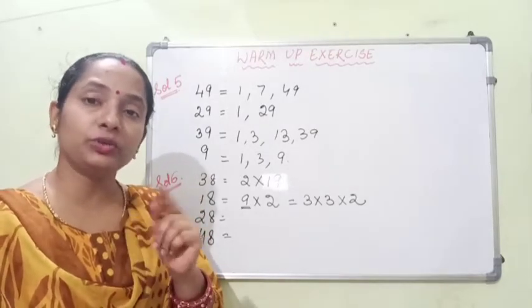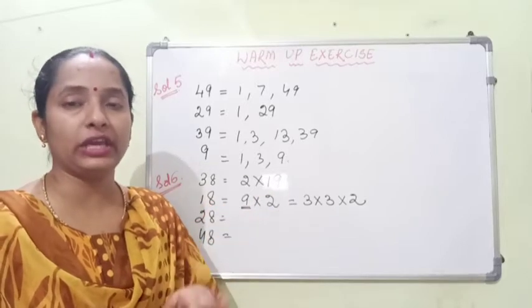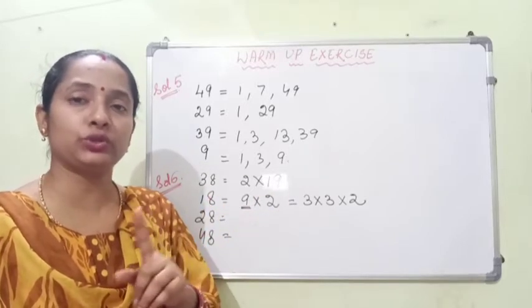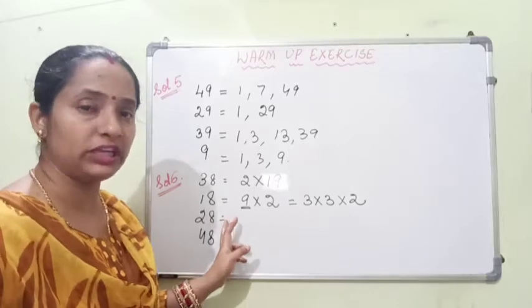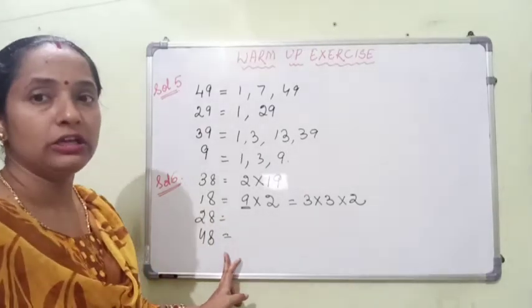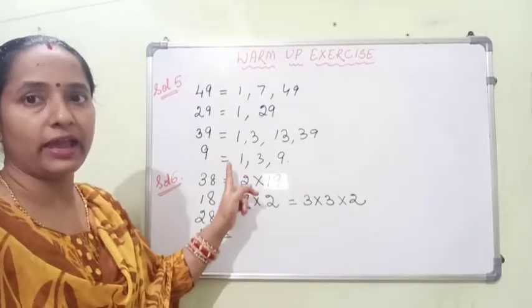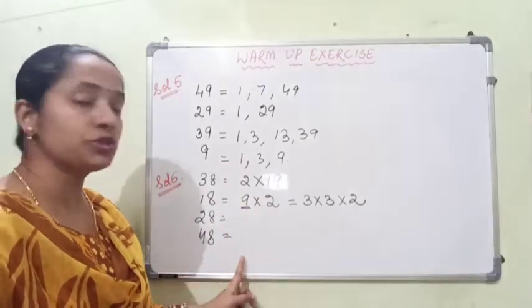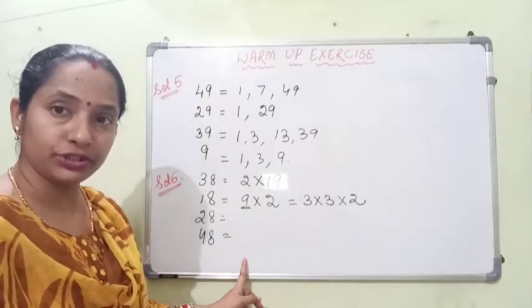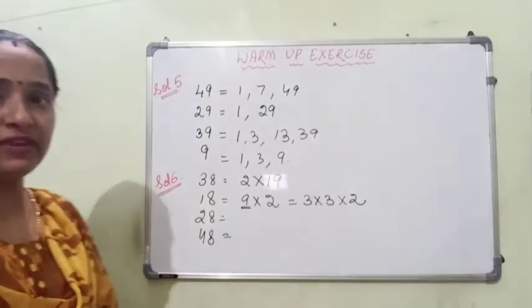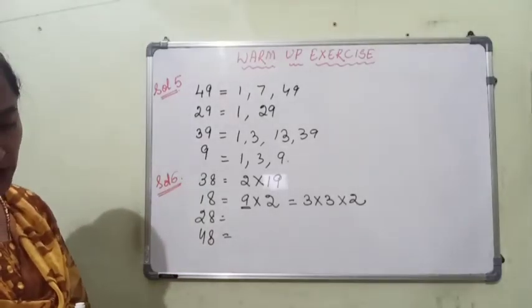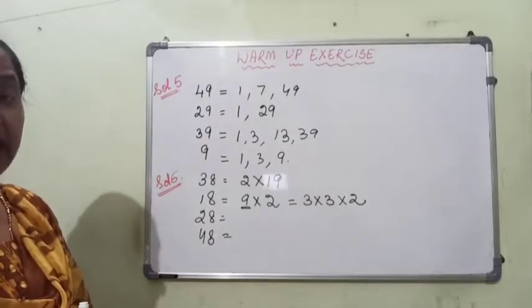So 7 twos are 14 and another 2 we have. So 7 into 2 into 2 will give you the prime factors of 28, and similarly you find out further for 48. Okay. So I have helped you in these two, and the rest two you have to do by yourself. Understood?